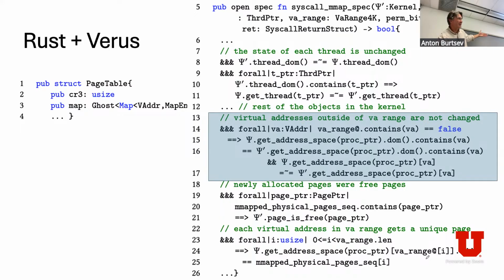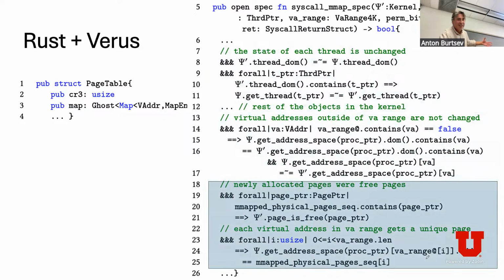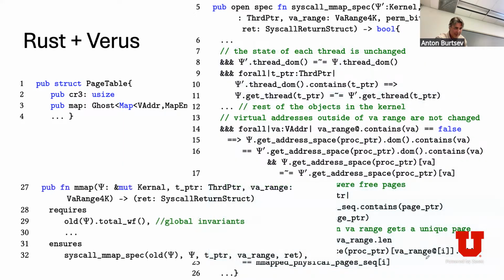That's a useful property. You know that your mmap system call will not change anything else. Newly allocated pages are actually coming from a memory allocator and stuff like that. Otherwise, maybe you made a mistake and you remapped one page into another location, right? That would be something funky, and you say, look, guys, at a high level, this should not happen.